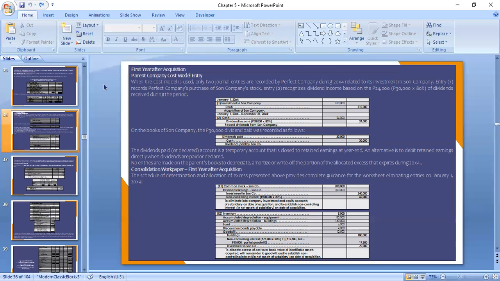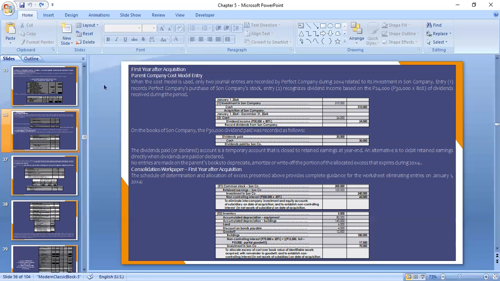No entries are made on the parent's books to depreciate, amortize, or write off the portion of the allocated excess that expires during 20x4.